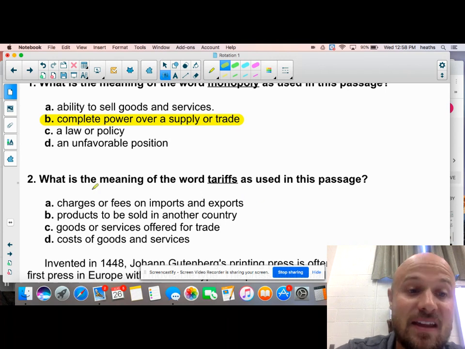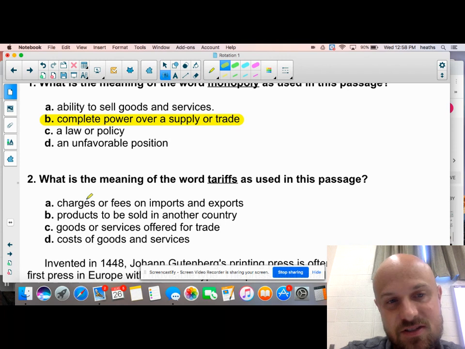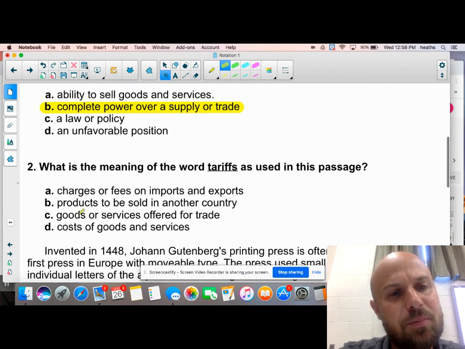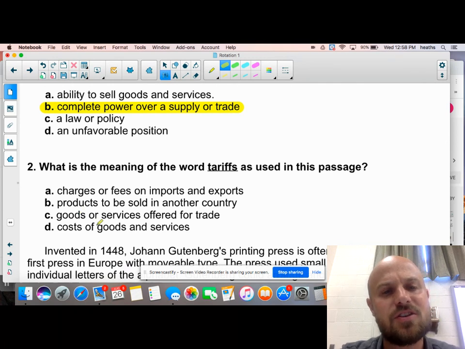But fees or charges definitely is in line with taxes. But let's continue to read on. A looks like it's very likely it. B, products to be sold in another country. C, goods and services offered for trade. Or D, just the costs of goods and services. Remember, tariffs we thought meant taxes, and I think the best explanation of taxes would be charges or fees.